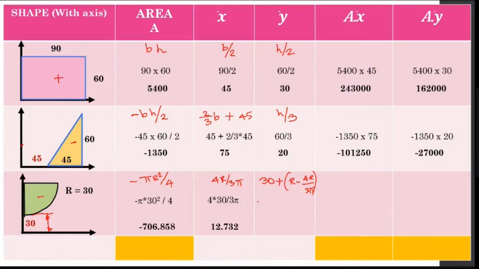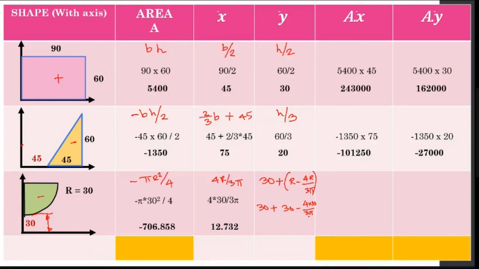So you can calculate. Sorry, I made a mistake. So you will get 30 plus r, which is 30, minus 4 into 30 by 3 pi, right? You will get something like this.